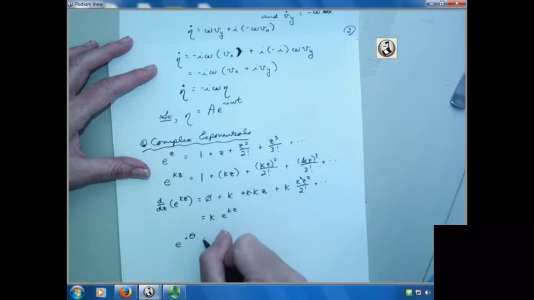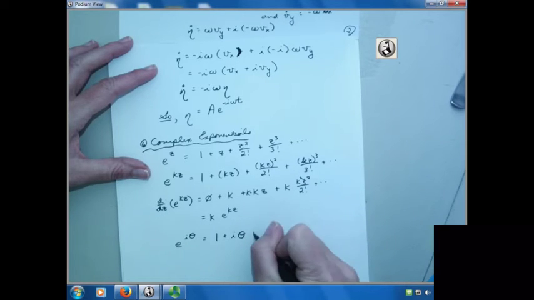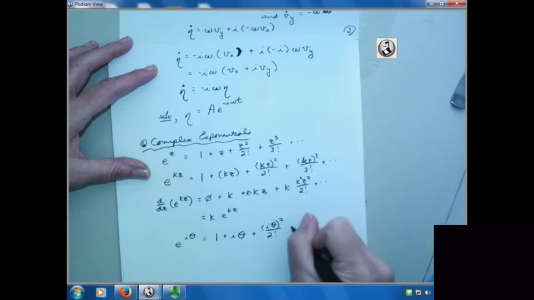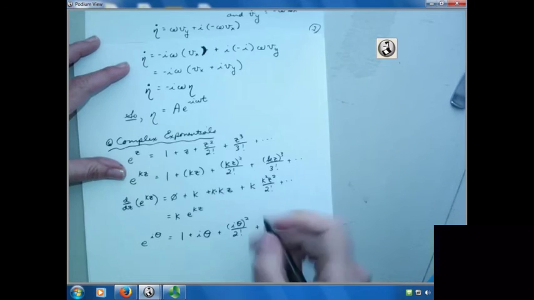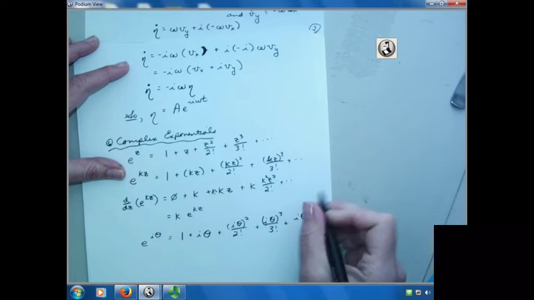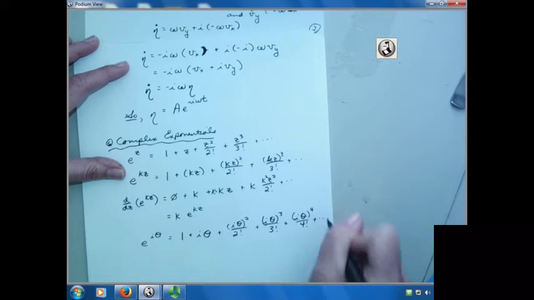And I would get that is equal to 1 plus i theta plus i theta quantity squared over 2 factorial plus i theta cubed over 3 factorial plus i theta to the 4th over 4 factorial. That's as far as I'm taking it, because that's all that will fit.